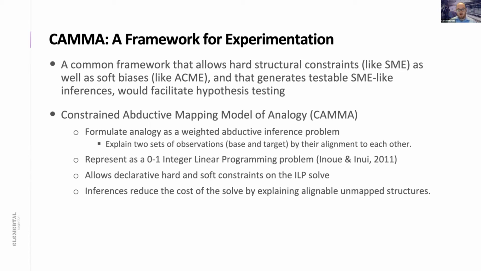And following work by Inoue and Inui, I am representing this as a 0-1 integer linear programming problem, which allows us to easily define hard and soft numerical constraints on the solve and make use of existing ILP technology. I'm also going to be generating inferences like SME, and I'm going to be doing that as a way of explaining alignable but unmapped structures.